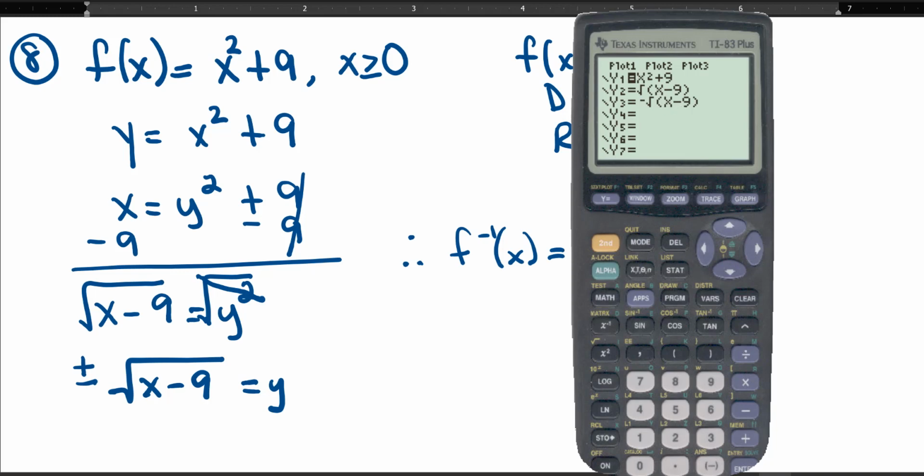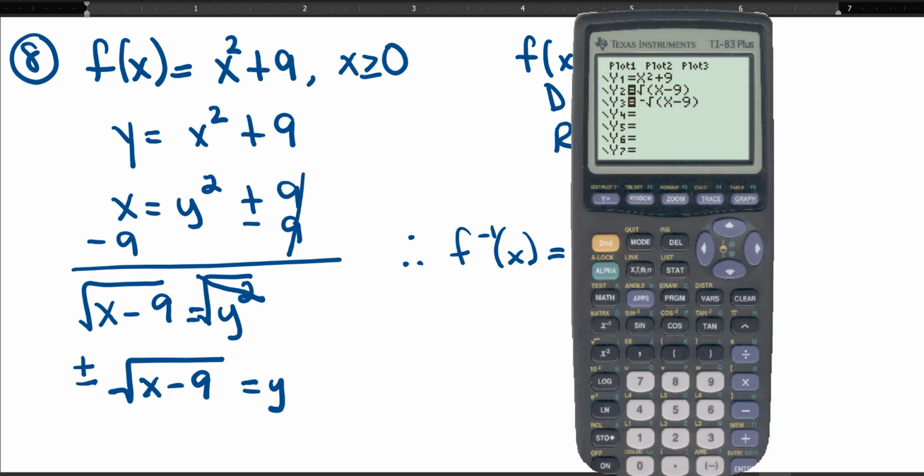So let's uncheck the first equation, and then let's check the second and the third equation so we can see what the graph looks like.